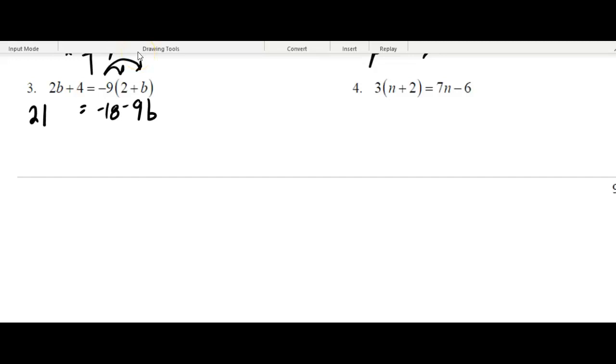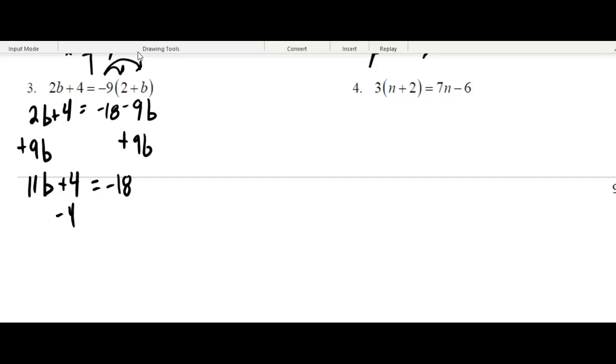Everything else will quickly drop down. Okay, and now I get my b's to the same side. So I'm going to add 9b to both sides. That gives me 11b plus 4 equals negative 18.